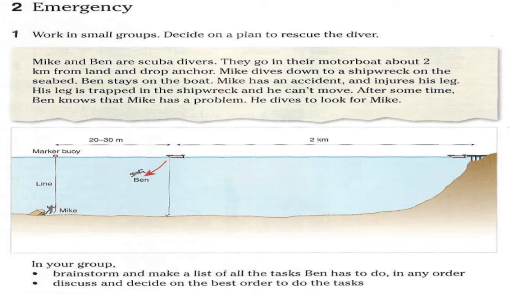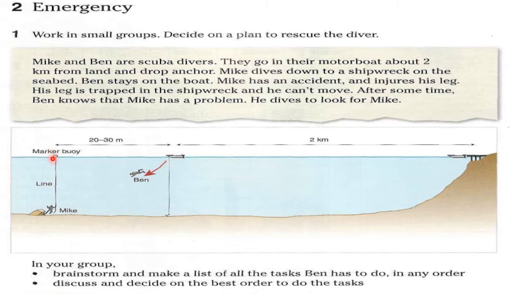Go to exercise number 1. Look at the picture. Can you tell me what you can see here? Good. This is a sea, and here there's a boat. Under the boat we have Ben, and at the bottom there's an anchor.